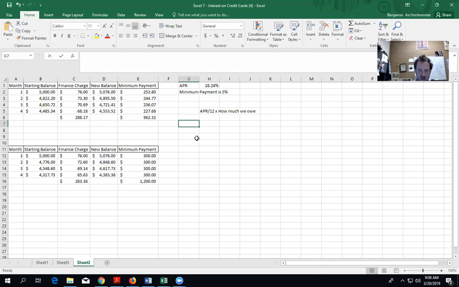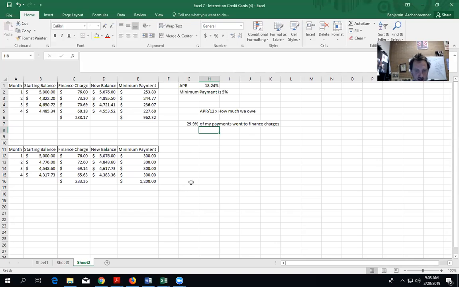So if you take the total paid in finance charges divided by the total paid, that's all my payments together, that gives me 0.299, and if I turn it into a percentage, we're talking about roughly 30%, right? If I give myself an extra decimal, it's 29.9%. So in other words, 29.9% of my payments went to finance charges in the first scenario.